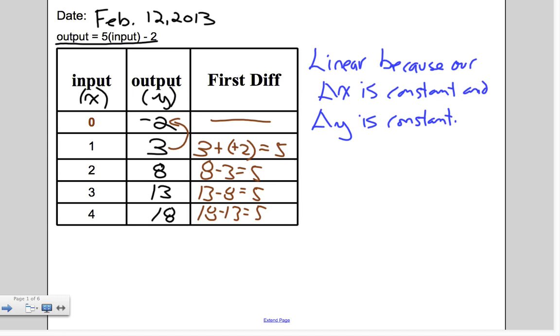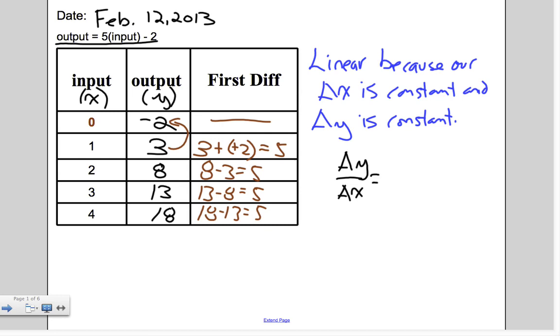2 ways. What's the first way? Here it's delta y over delta x. What is that? 5 over 1. Well, what is delta y over delta x? What is that definition again? 1 over 1.